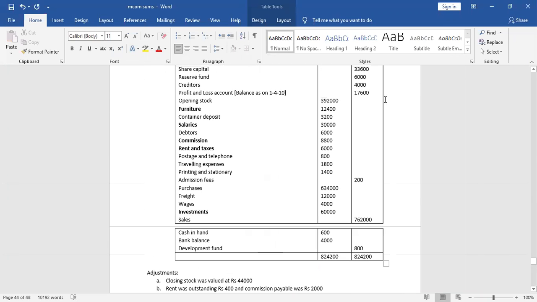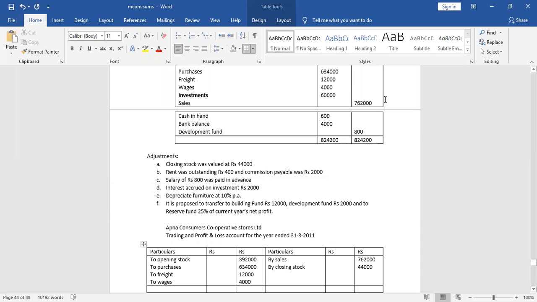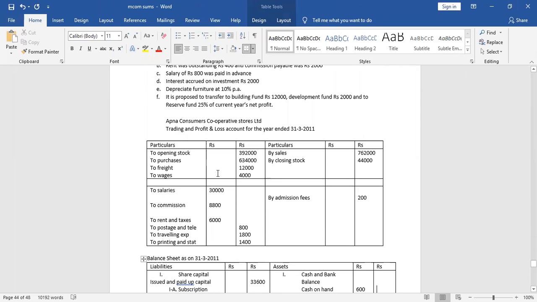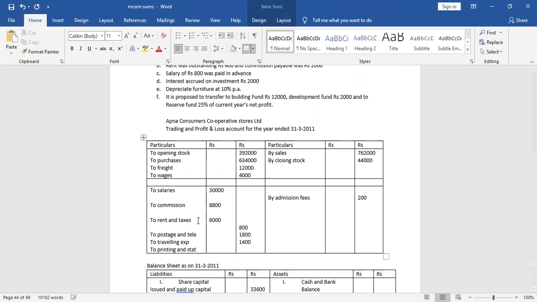What else we have? After that, rent 400 outstanding, commission outstanding, payable 2,000. So for rent and commission, one line has to be left. To rent outstanding 400. This becomes 6,400, and commission outstanding is 2,000. So add outstanding 2,000.